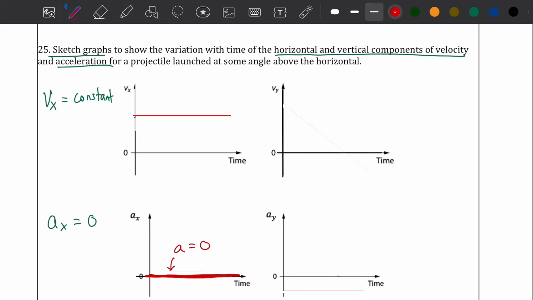Then for the vertical component, we know that Vy will first decrease. Why decrease? Because you are throwing something up, so its velocity will decrease, and then it will reach 0 at maximum height.